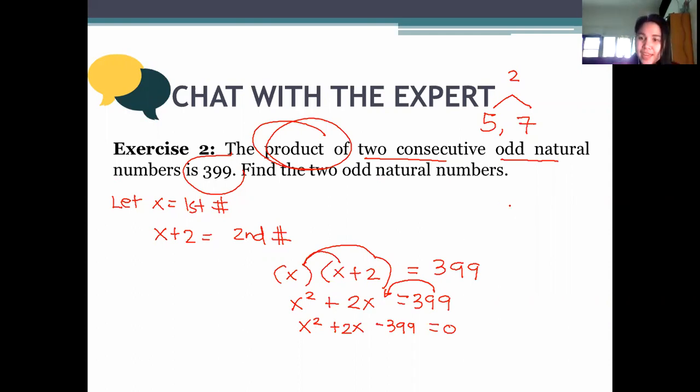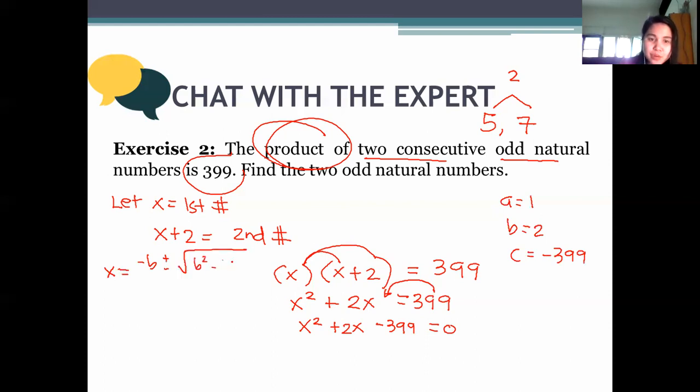So the value of A is 1. The value of B is 2. The value of C is -399. Let's substitute it. X equals -b plus and minus square root of b squared minus 4ac over 2a. So -b, -2, plus and minus b squared, 2 squared minus 4.